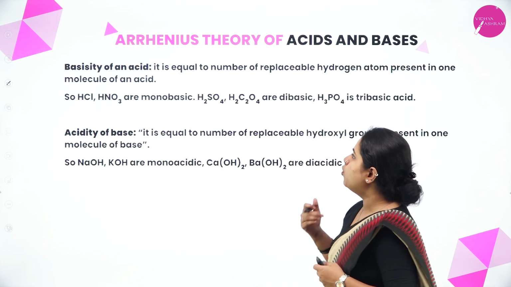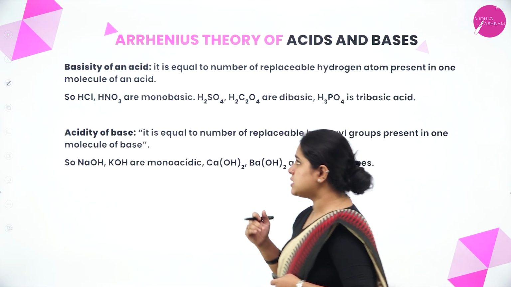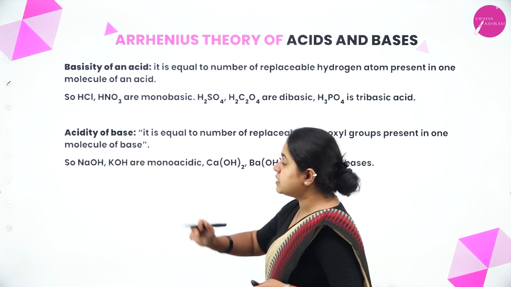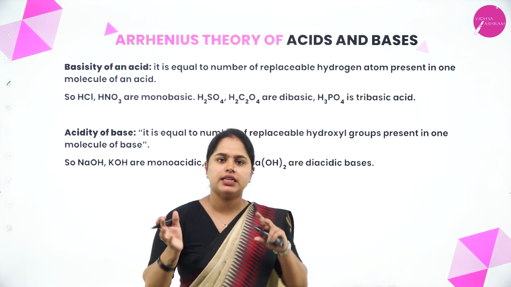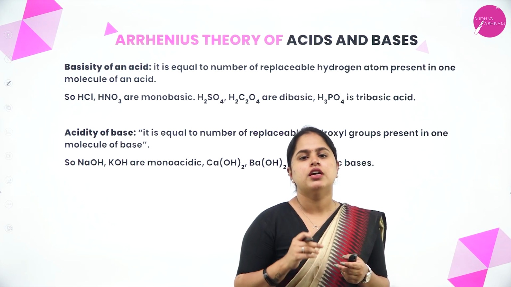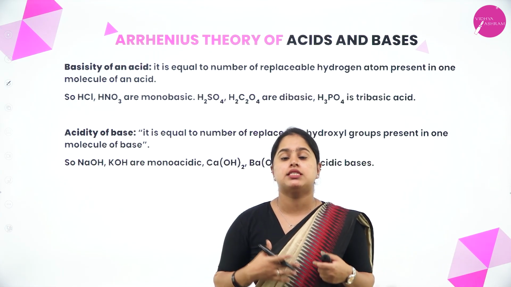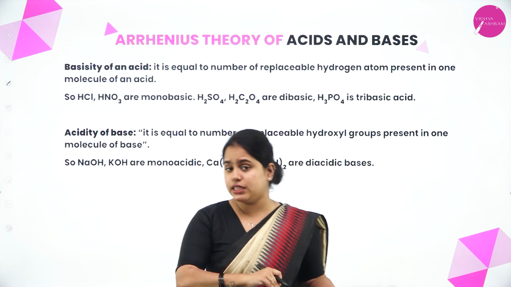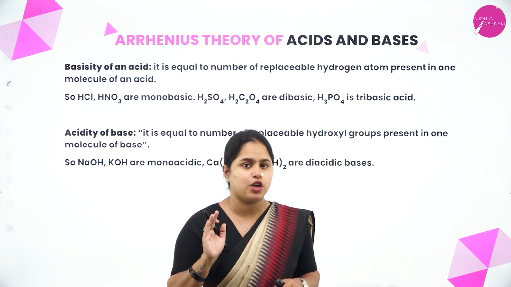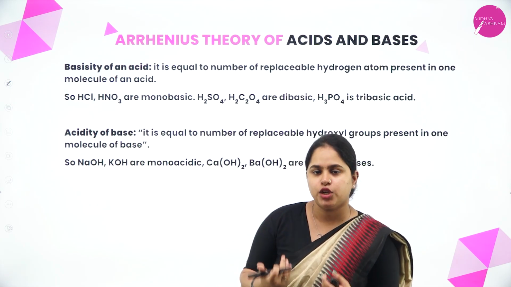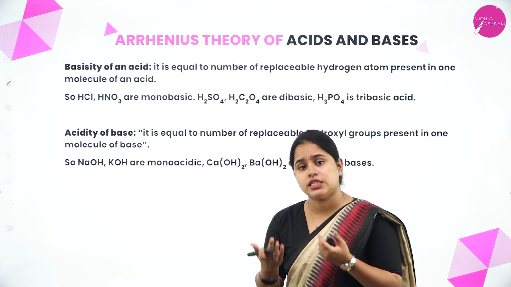Moving on to the next one, that is basicity of an acid and acidity of a base. As you can see, it is quite opposite to each other, right? It is not generally mentioned as acidity of an acid or basicity of a base. It is acidity of a base and basicity of an acid. So how can you determine the basicity of an acid?